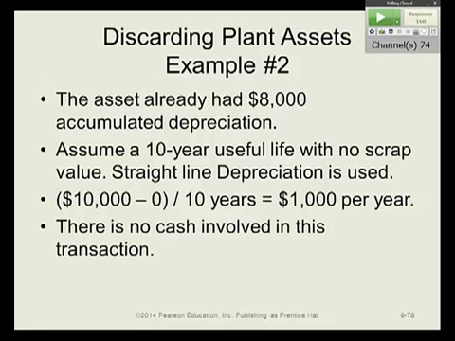So you took $1,000 for each year. I'm just going to fast forward to year 8. So at this point, you've written off $8,000. And now we're going to dispose or scrap the asset. But before we do that, the last time we took depreciation was at the end of year 8.